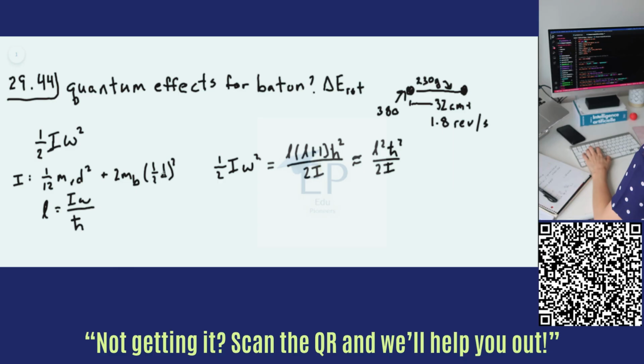And so then putting in all of our expressions for everything and converting 1.8 revolutions per second into radians per second, we get that L is an absolutely gigantic number, 2.30 times 10 to the 33rd.